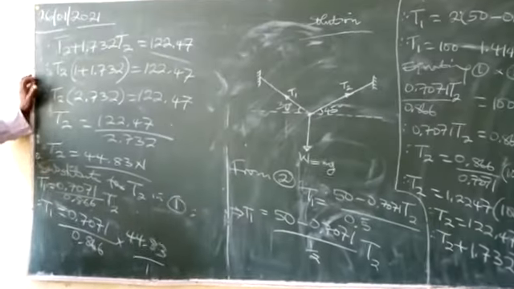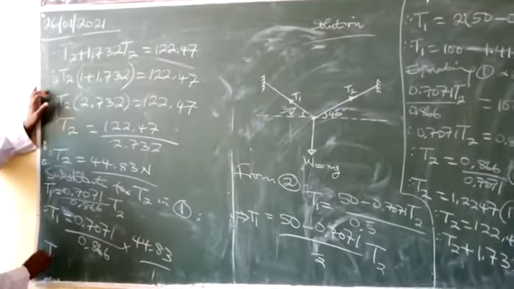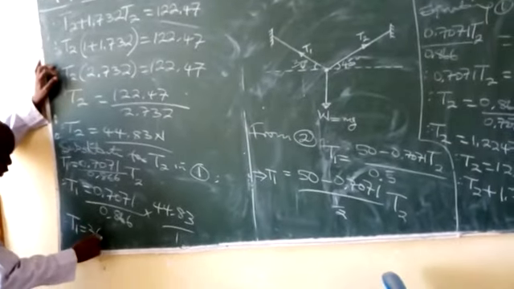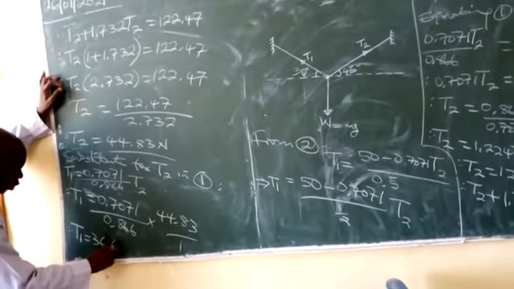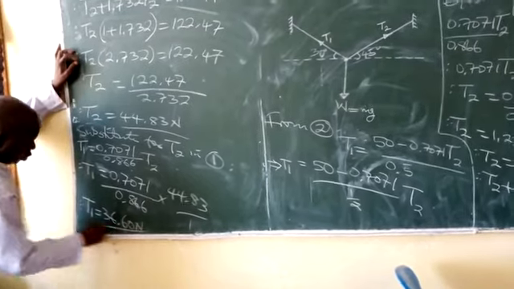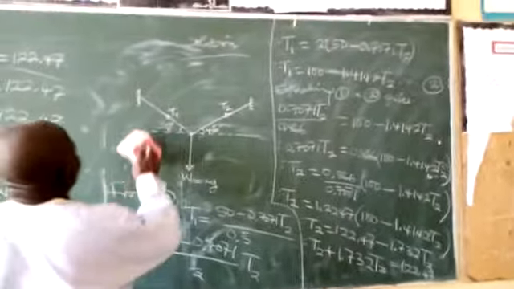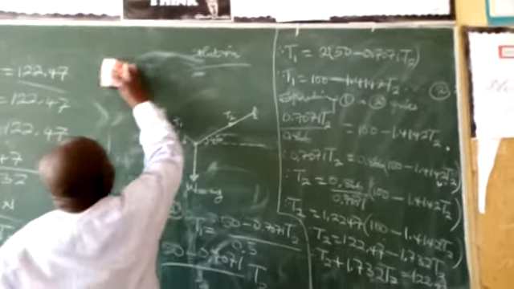The answer is 36.60. T1 is equal to 36.60 Newton. So these are the tensions. I can now conclude this.